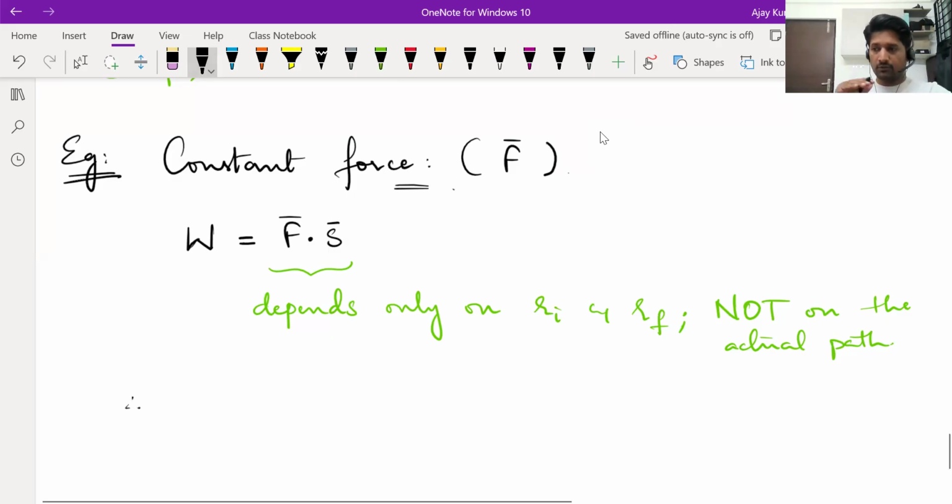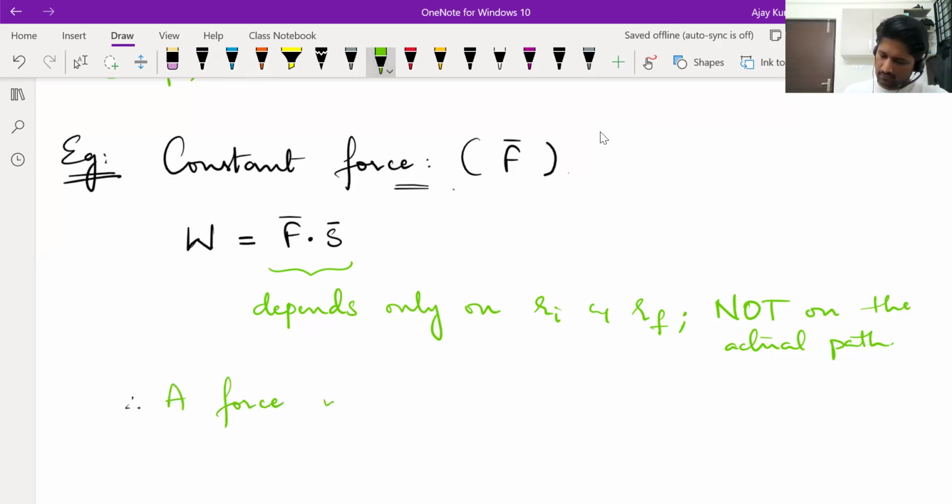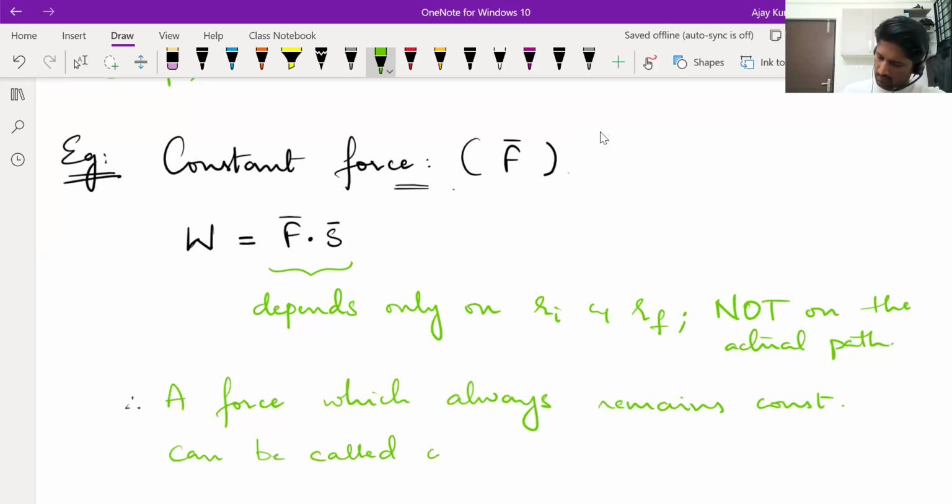Therefore, a force which always remains constant can be called conservative. Not can be called, it is conservative in nature.